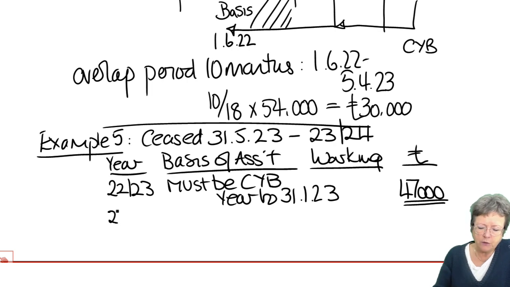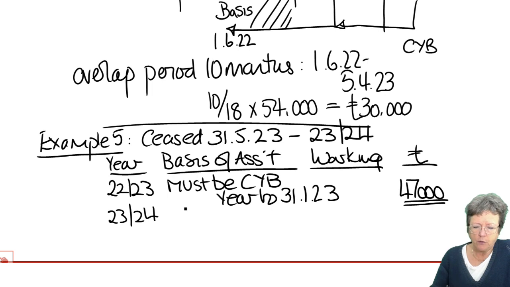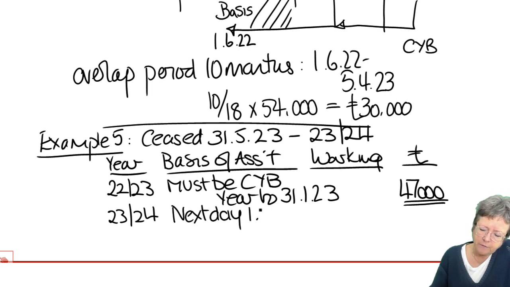So 23-24 is the year that he ceased to trade. So the basis period is the next day, which is the 1st of February 23, all the way through to cessation.